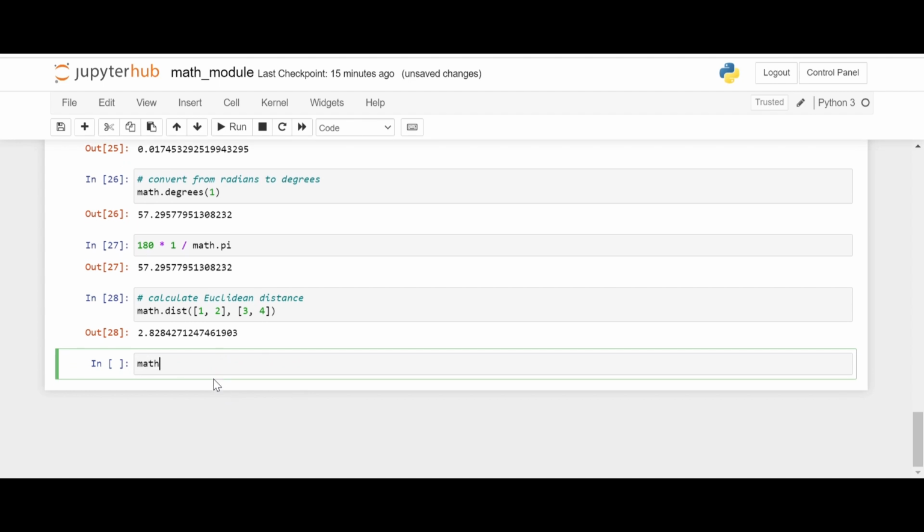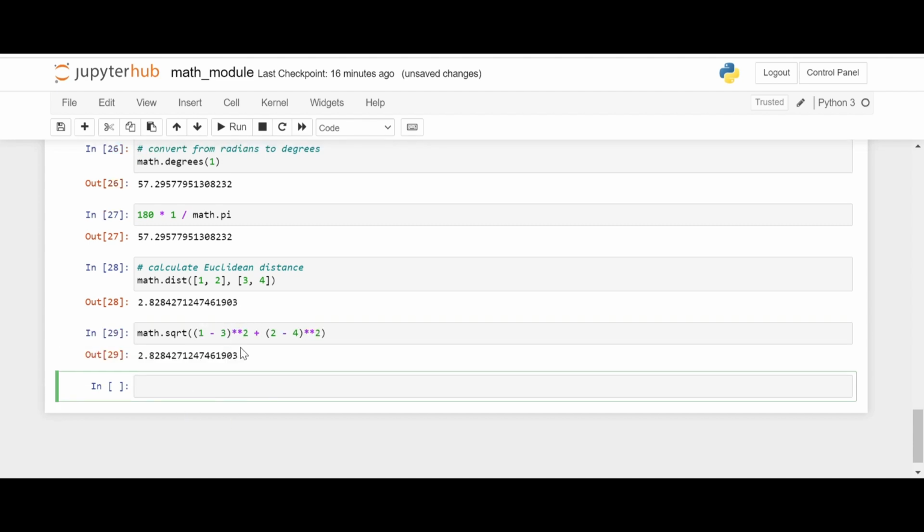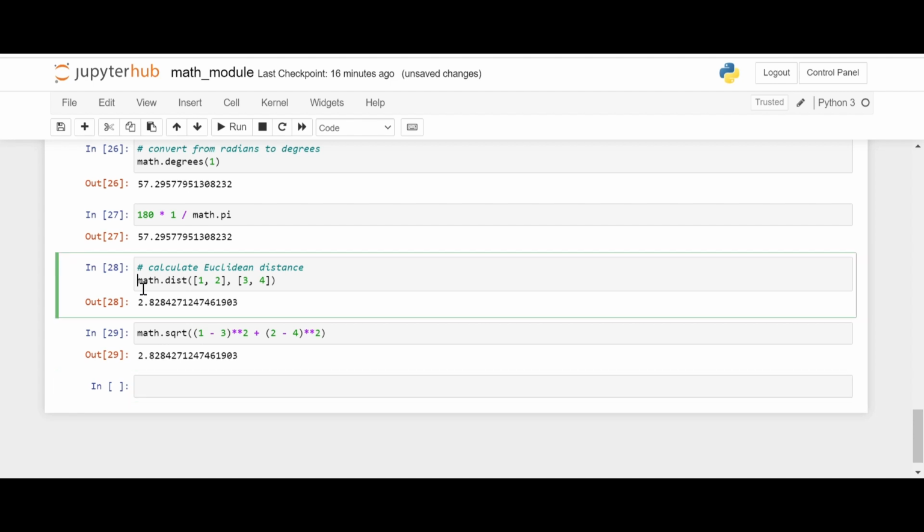So this is basically doing this operation, math.sqrt of x1 minus x2 square plus y1 minus y2 square. So this operation is done by this function.